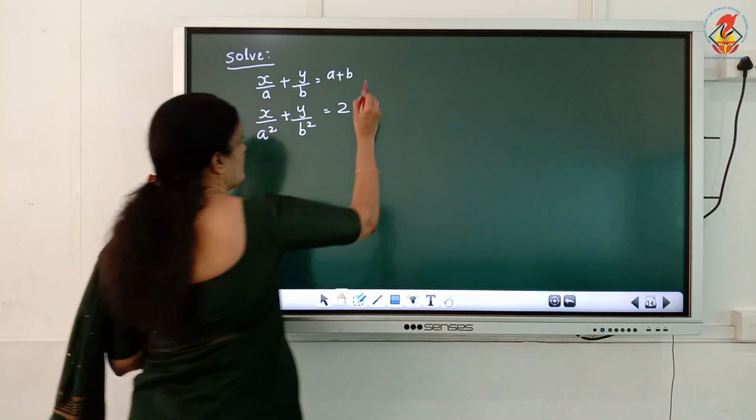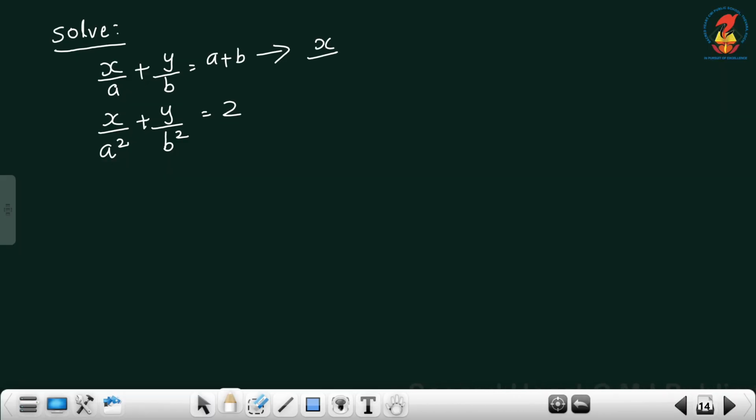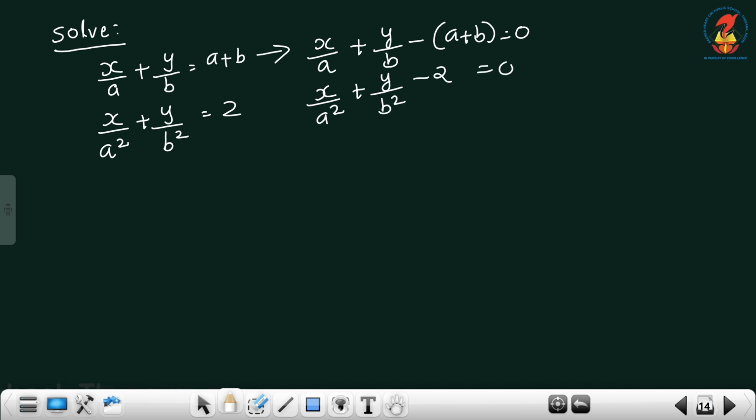You can write x by a plus y by b minus of a plus b equal to 0. This is the standard form. x by a square plus y by b square minus 2 equal to 0. This is the first equation. This is the second equation.